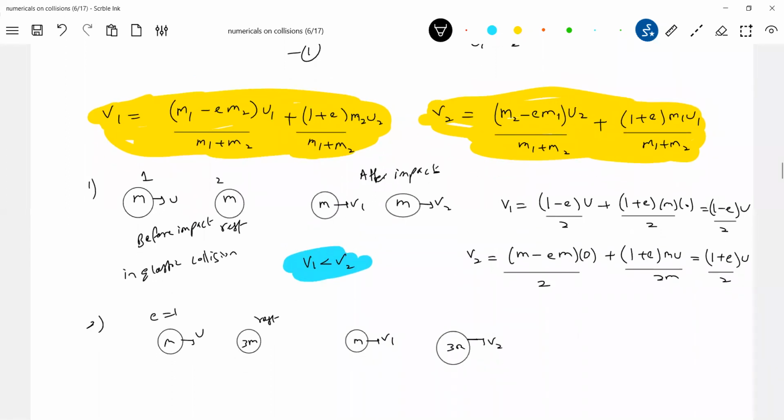Take help of the formula, e equal to 1, m and 3m is there. u2 is 0. So directly take help of this one. So v1 should be equal to how much? After impact, v1 will be equal to m minus 3m, so this should be minus u.